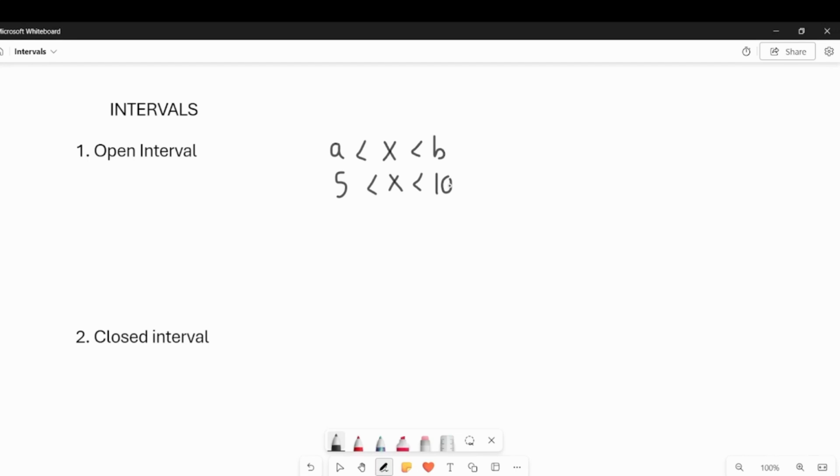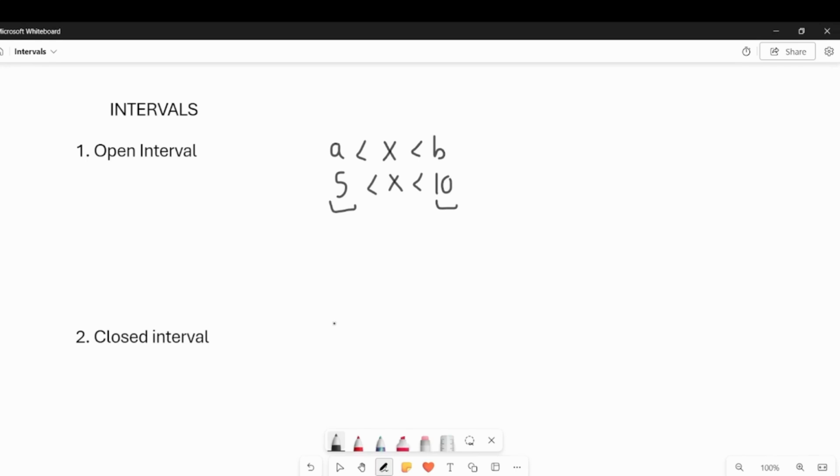Basically all the values in between 5 and 10 will be included, but 5 and 10 themselves will not be included in the values for x, because it's clearly saying x is greater than 5. So any number greater than 5 and less than 10, but not 5 and 10. So this is an open interval.